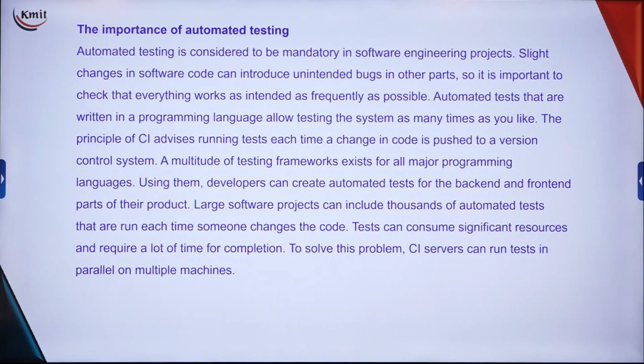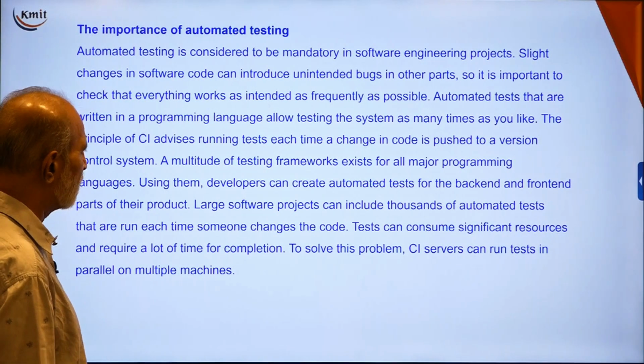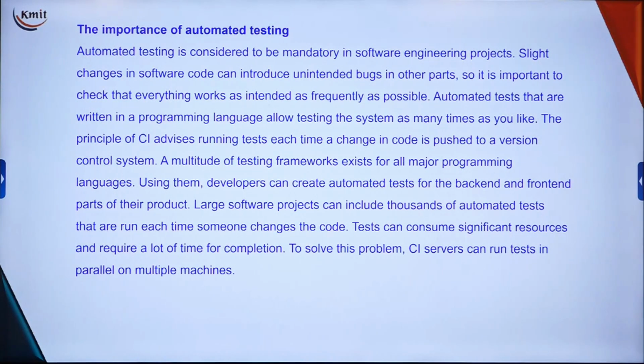Automated tests that are written in a programming language allow testing the system as many times as we like. These are called CI services, running the tests each time code is pushed to a new version control. So whenever a new version is introduced, like a new Python version, I have to have an automated test. This kind of environment for development will be very useful.